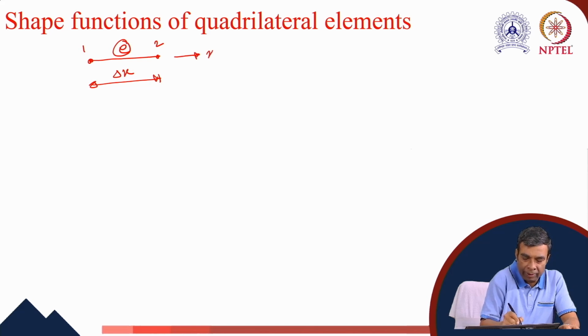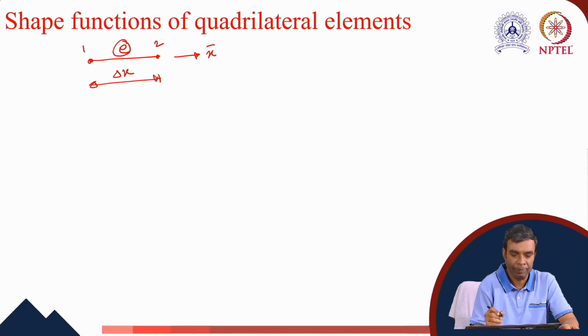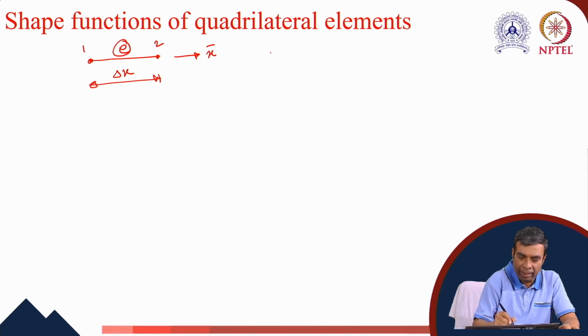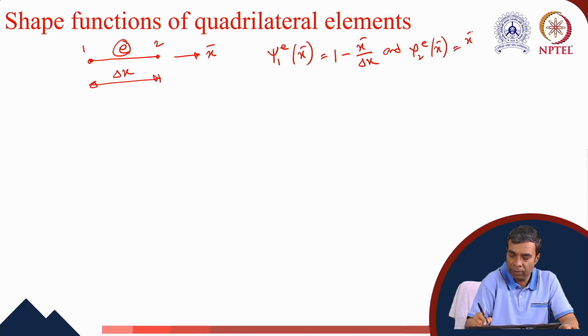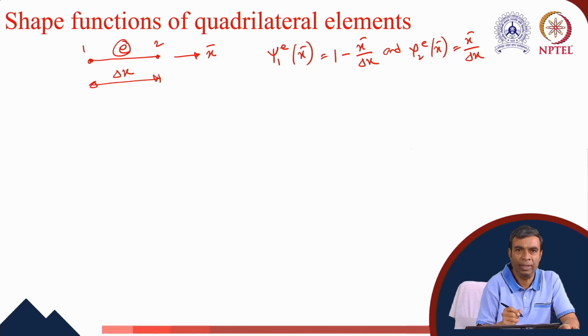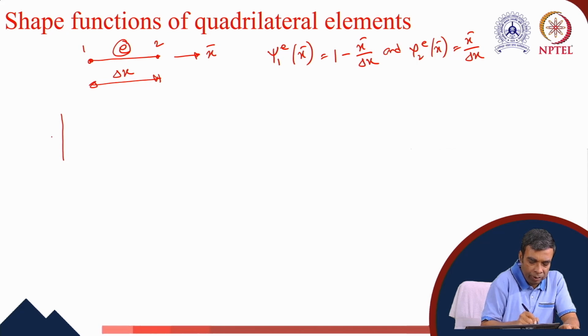So this is the local coordinate system, and then we can consider its shape functions as psi 1e(x bar) equals 1 minus x bar by delta x and psi 2e(x bar) equals x bar by delta x. Now we can consider a vertical counterpart of this same element. So this is element E, local nodes 1 and 2.